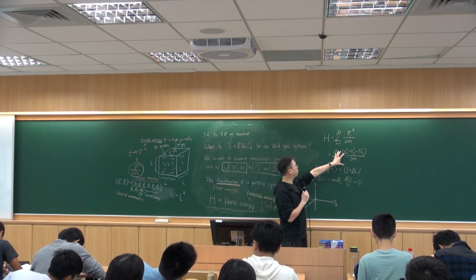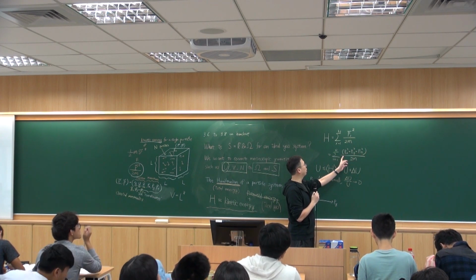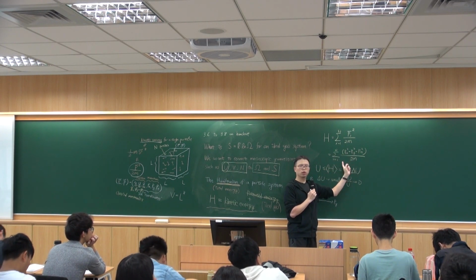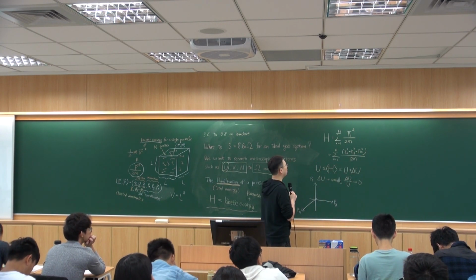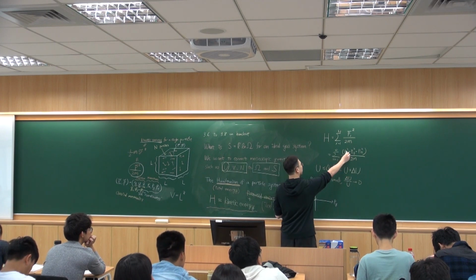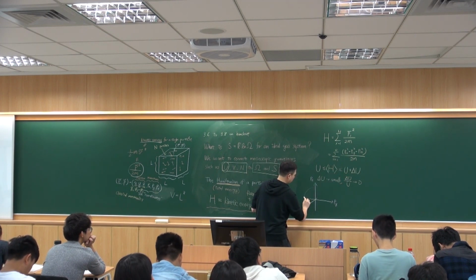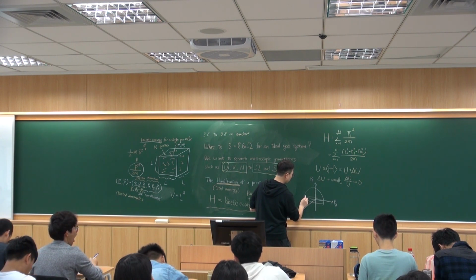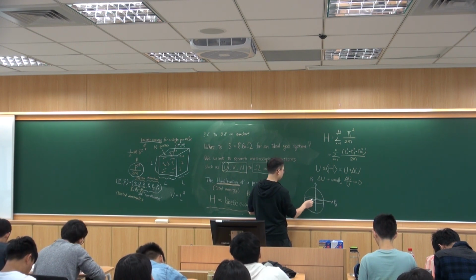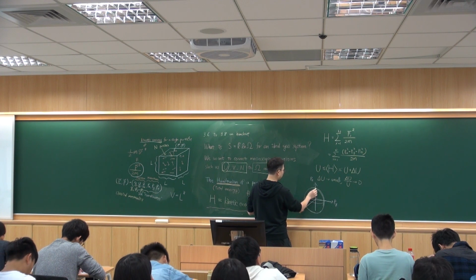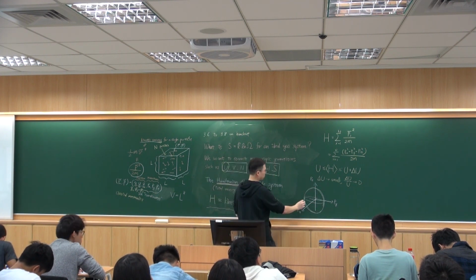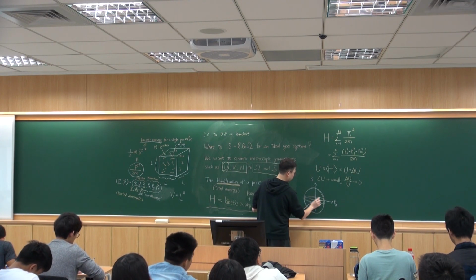Let's say if px squared plus py squared plus pz squared over 2m is a constant, it means that px, py, and pz should be on a sphere actually.